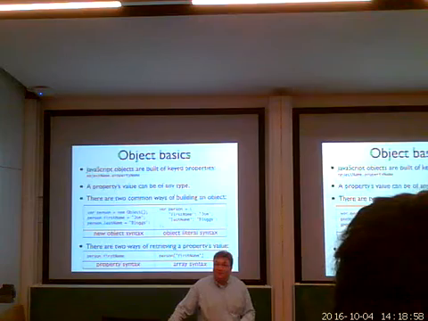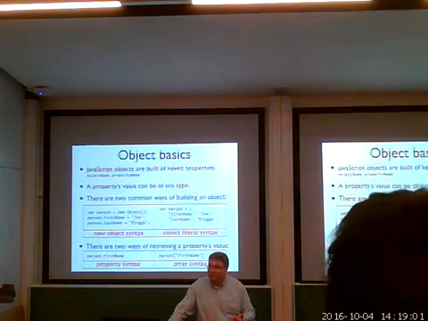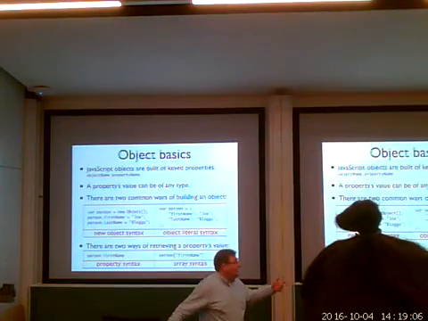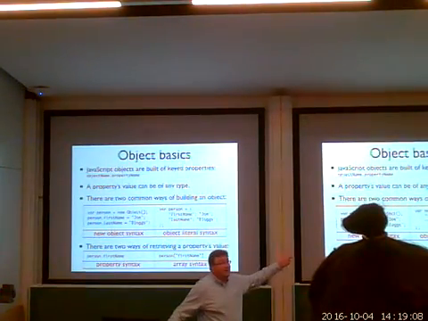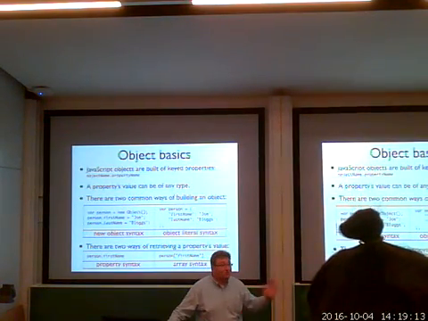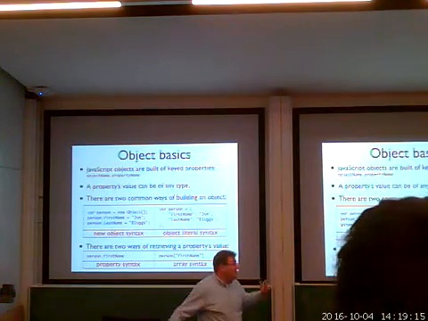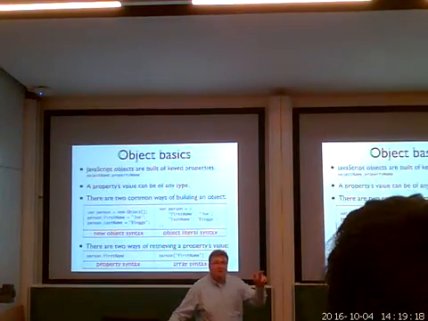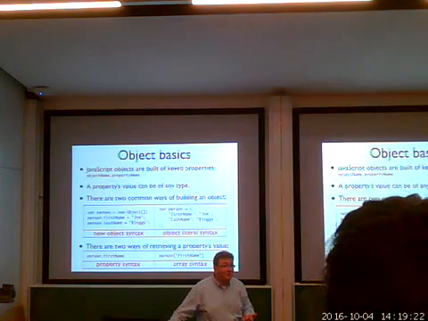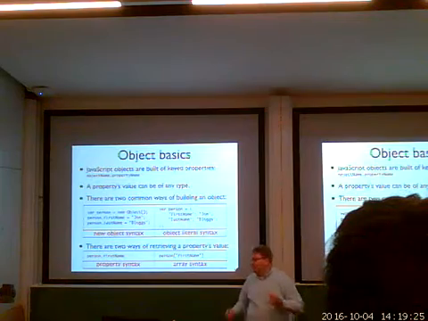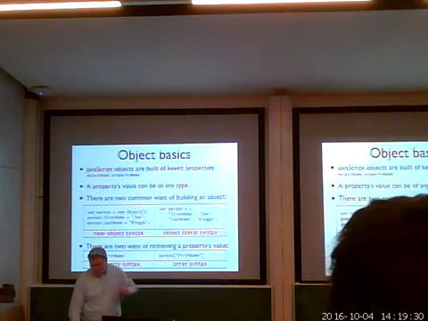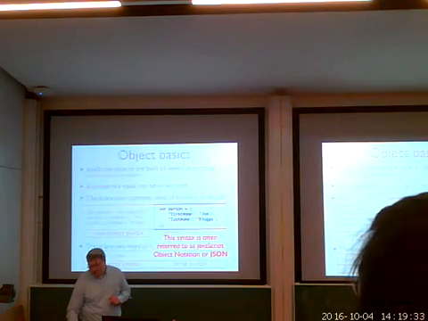A good example of this would be using the word class as a property name. So we cannot legally in the language say person.class equals doctor, for example. We're not allowed to do that. The language completely forbids it. But we can say person, square brackets, quote, class, equals doctor. And we can retrieve that class property the same way. Okay? So there are certain situations where you have to use the last one. But in general, you'd probably prefer the first one, if you can get away with it.